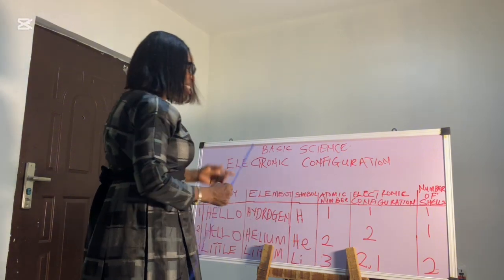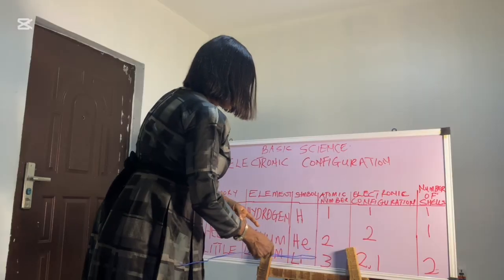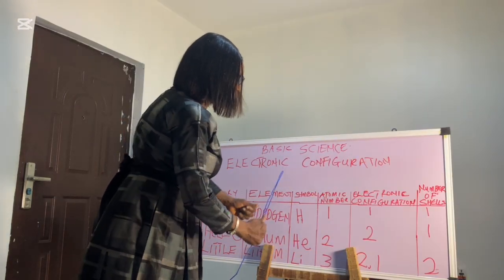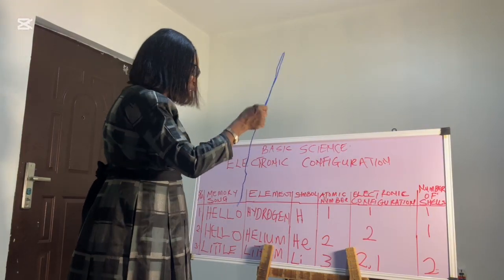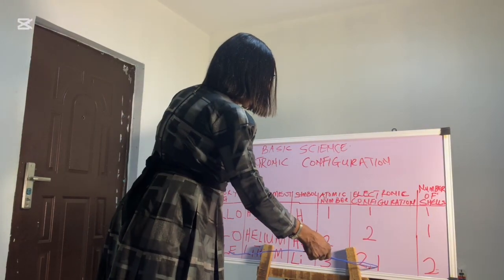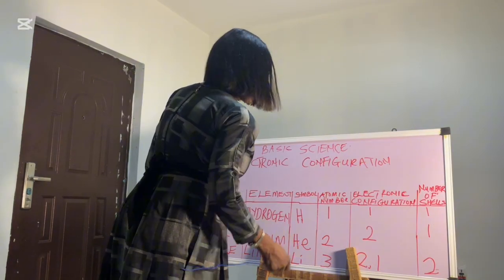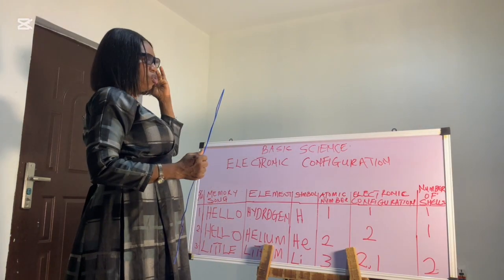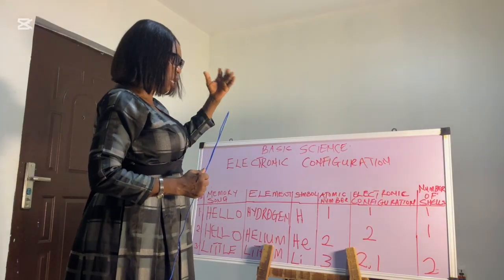The atomic number is also the number of electrons, so we have 3 electrons, and we have already taken 2 to fill the first shell. That means the second shell takes the last 1 electron. The number of shells now is 2, because the first shell takes 2 electrons and the one that follows takes 1 electron.